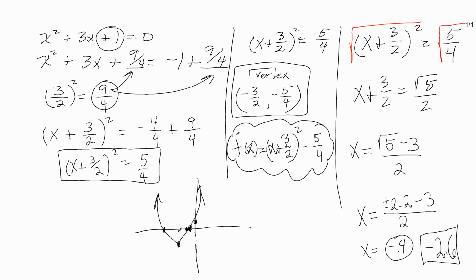Now, on a scale from 1 to 10, we just did about a 3. So, plenty of room for discouragement. Let's do another one. X squared plus 5x minus 2 is equal to 0.